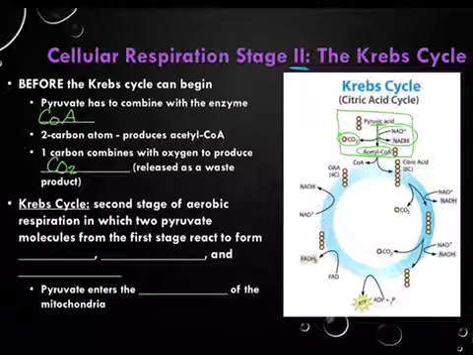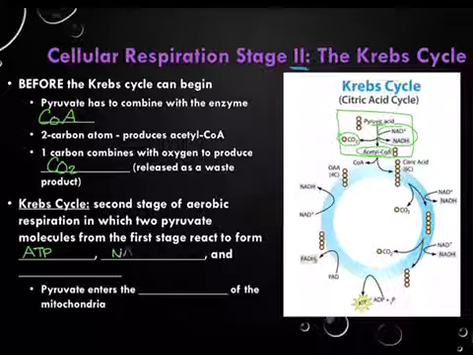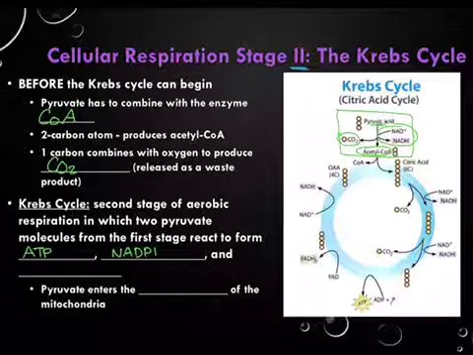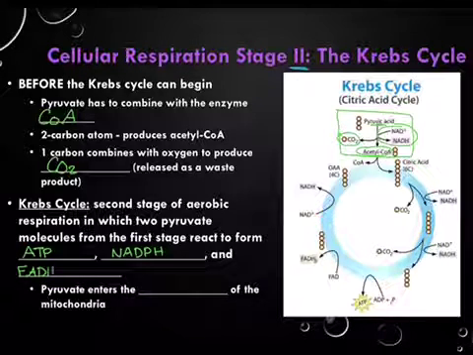So the Krebs cycle can begin once that step is completed. And so this is the second stage. It's aerobic respiration, in which 2 pyruvate molecules from the first stage, or glycolysis, react to form ATP. We also make NADH and FADH2.